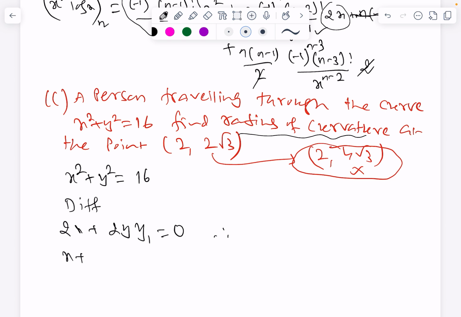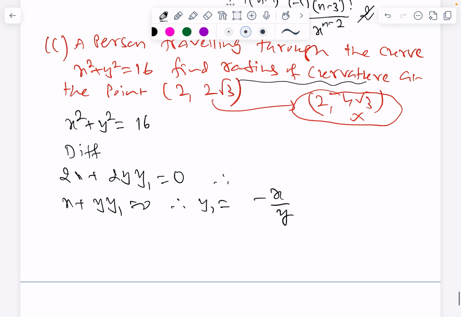And therefore x plus y y1 equal to 0, and therefore y1 equal to minus x by y. And therefore the value of y1 at the point 2 comma 2 root 3 is minus 2 by 2 root 3, which is minus 1 upon root 3.